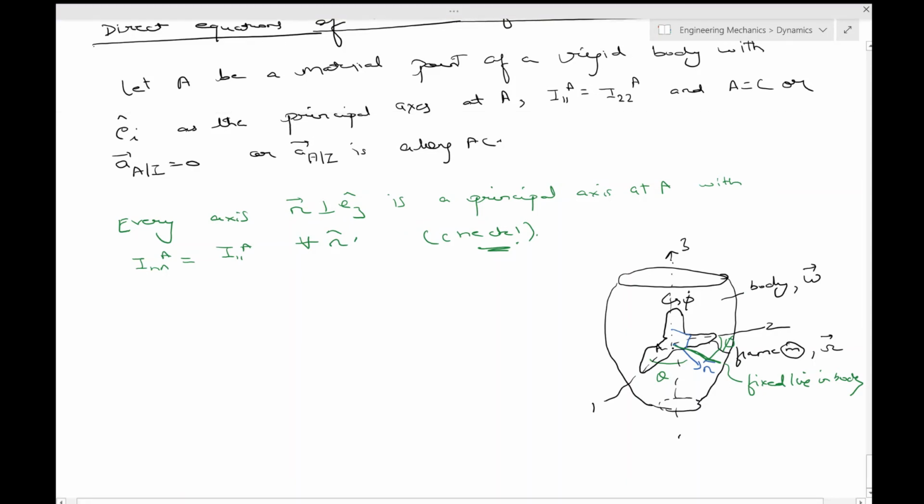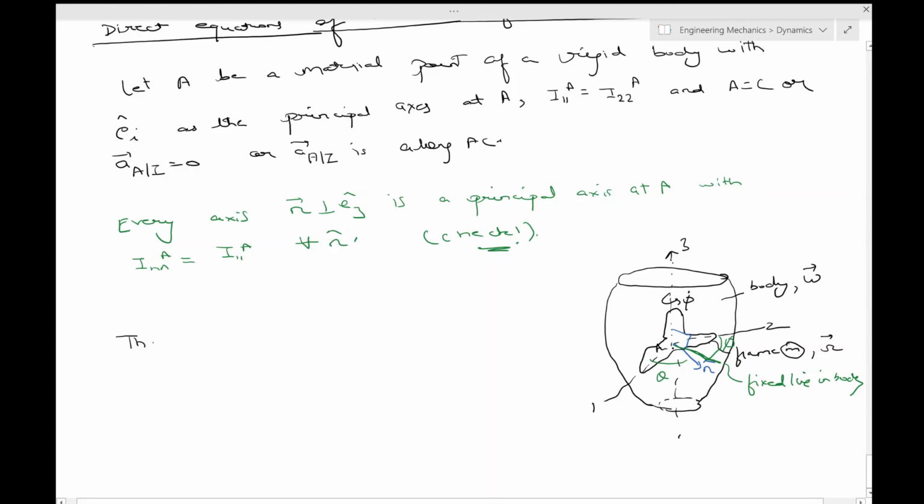So let's see. Every axis n perpendicular to E3 is a principal axis at A with I_nn equal to I_11 for n. Hence the axes E_i are chosen so that axis E3 is aligned with the principal axis 3 at A. Well, this is something which we have already somewhat done in the two special cases which we have studied.